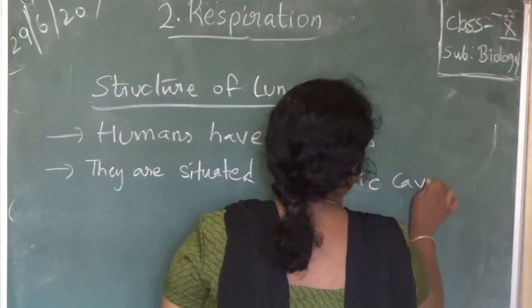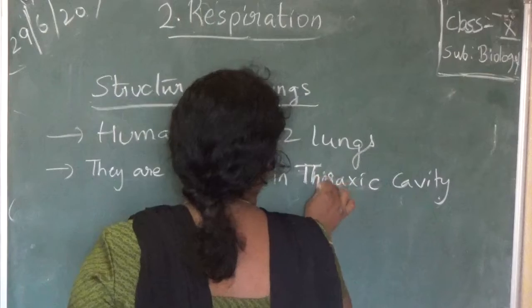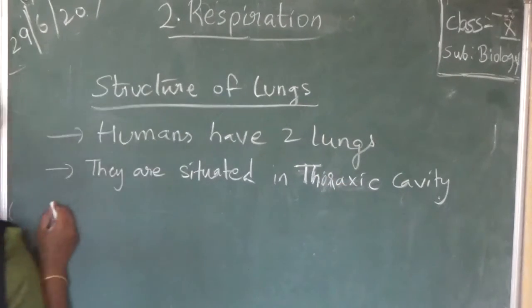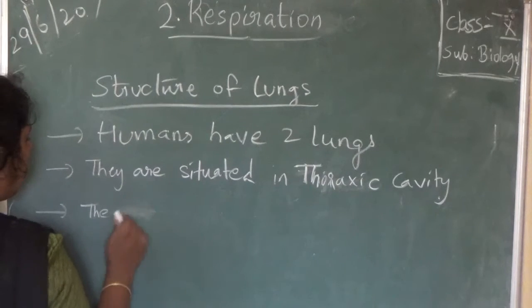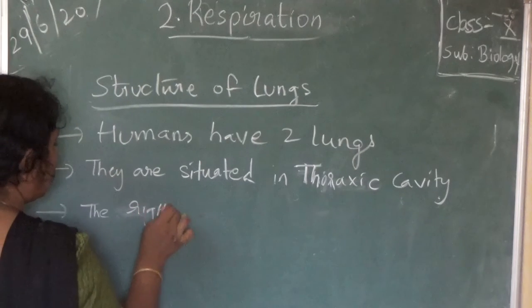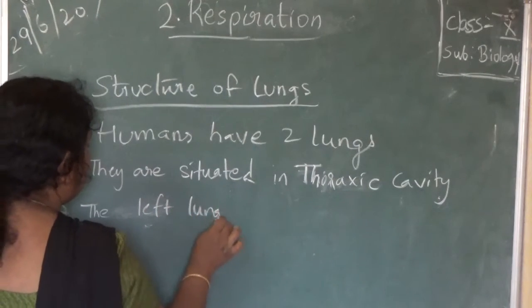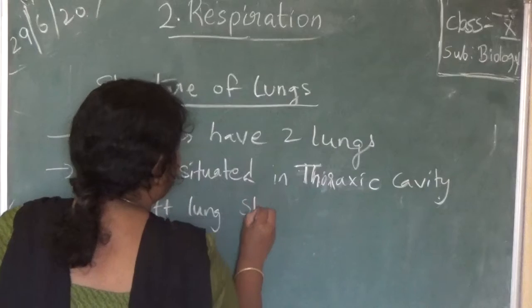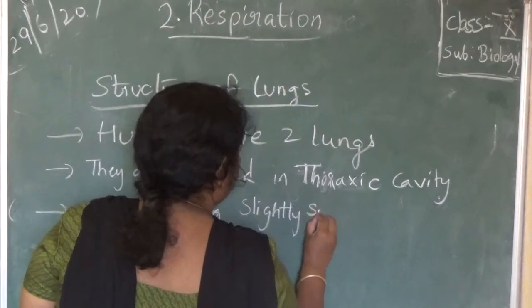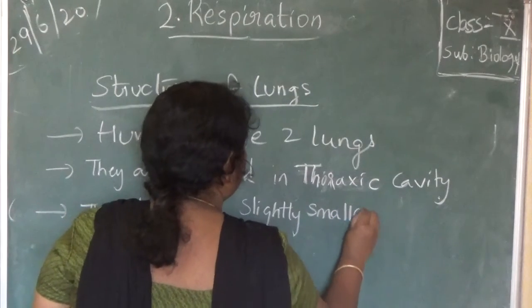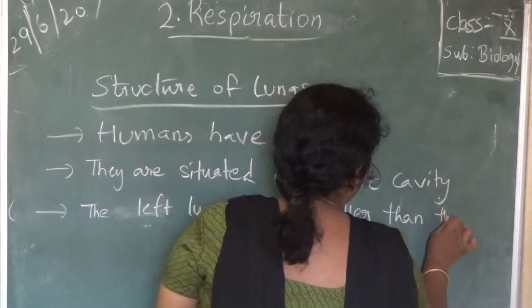The left lung is slightly smaller than the right lung.